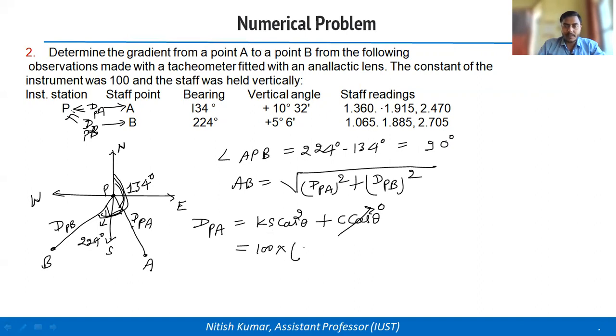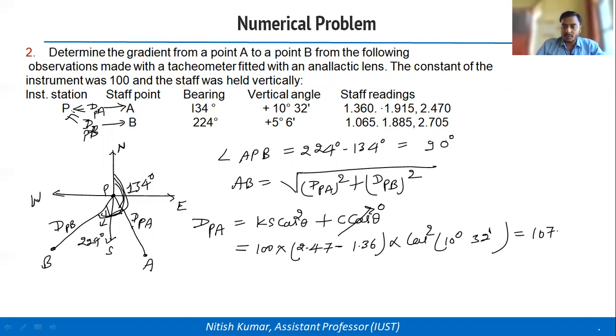S we can write here 2.47 minus 1.36, into cos square 10 degree 32 seconds. So this distance we can calculate, and we will get 107.3 meters.